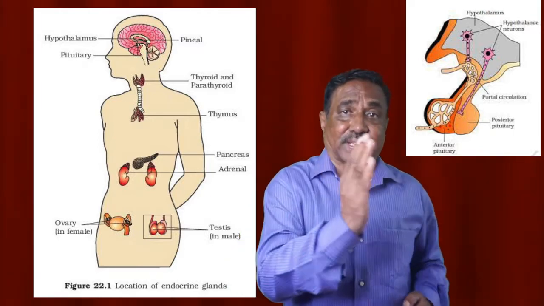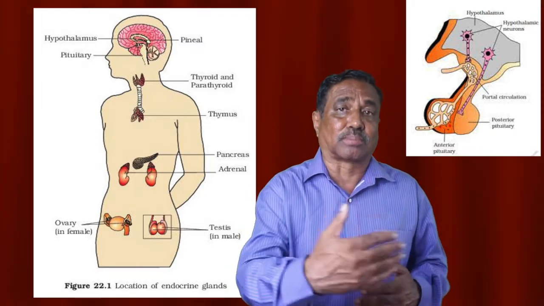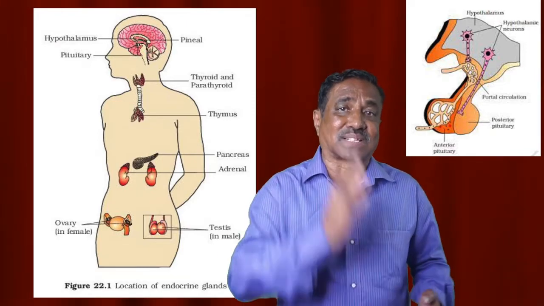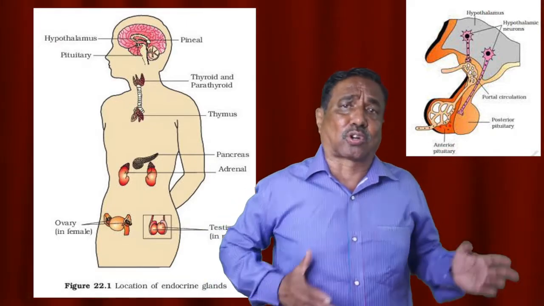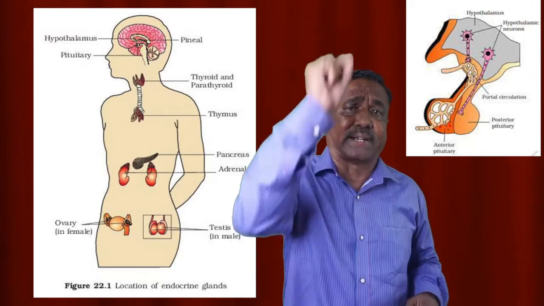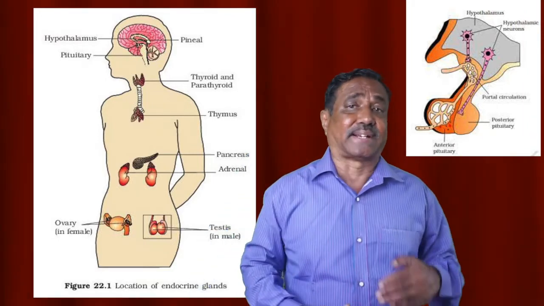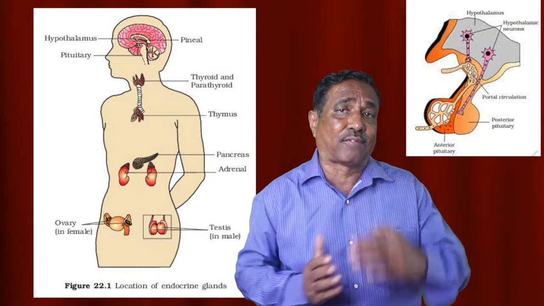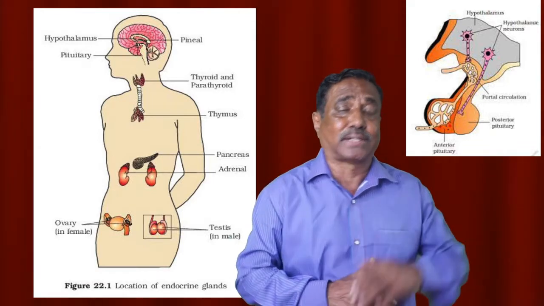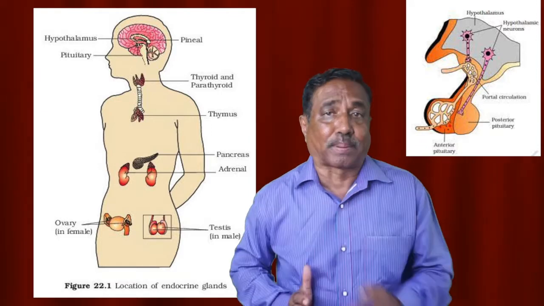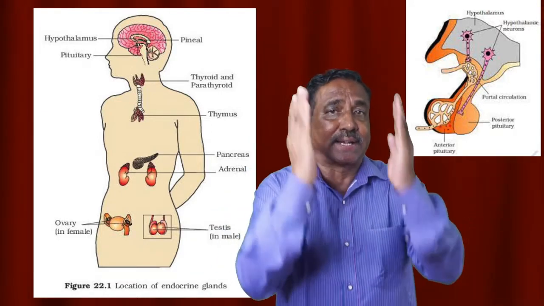As FSH and LH play an important role in both men and women, they are called gonadotropic hormones. It is the GnRH, gonadotropin releasing hormone secreted in the hypothalamus. It stimulates the anterior region of the pituitary gland to secrete these gonadotropic hormones like FSH and LH.